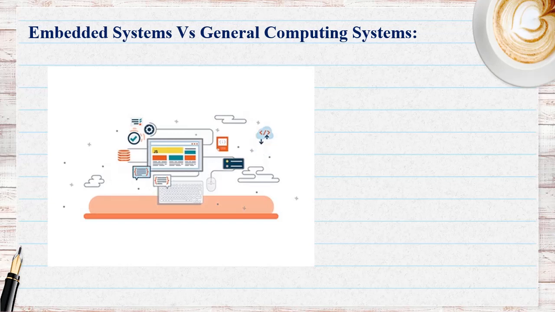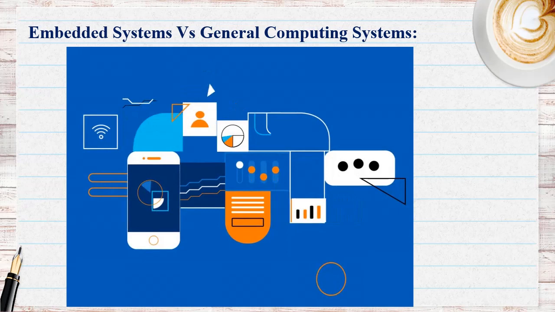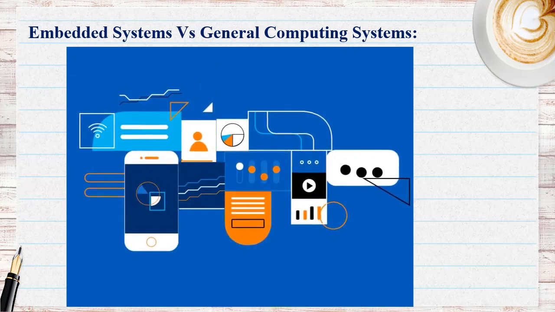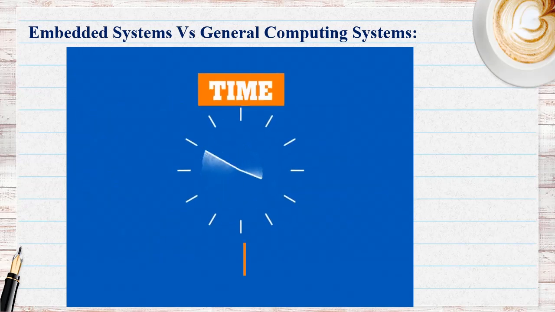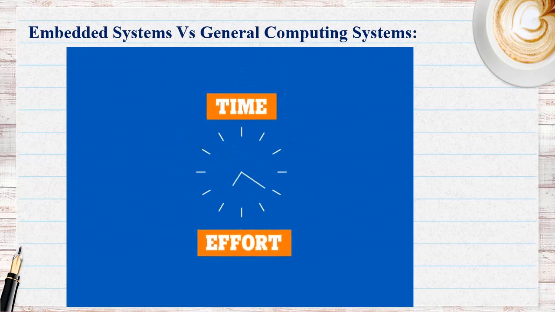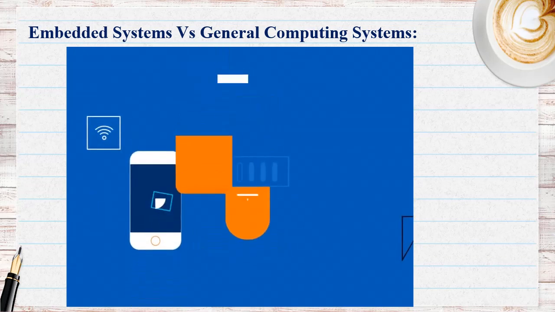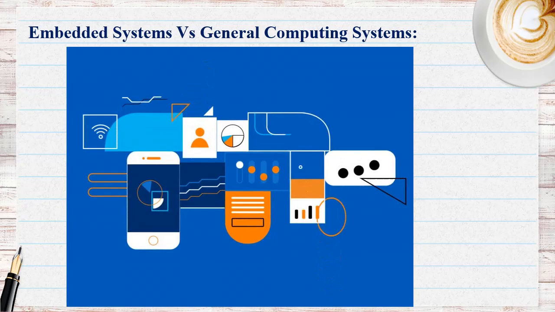Let us differentiate embedded systems and general computing systems. An embedded system is a combination of special-purpose hardware and embedded OS for executing a specific set of applications. But a general-purpose computing system is a combination of generic hardware and a general-purpose operating system, for executing a variety of applications. An embedded system may or may not contain an operating system for functioning, but GPCs contain a general-purpose operating system.